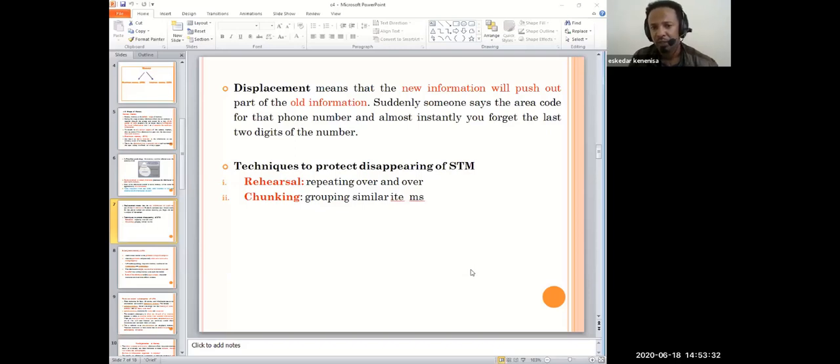So when you see him, you remember and call him by his name. That's the way we can increase the capacity of the short-term memory, by chunking and rehearsal.